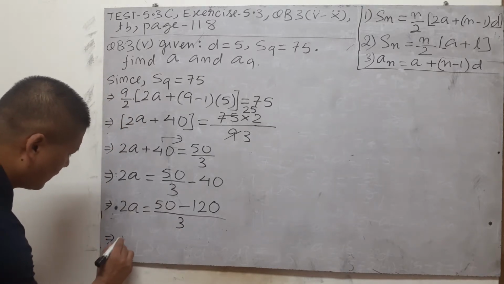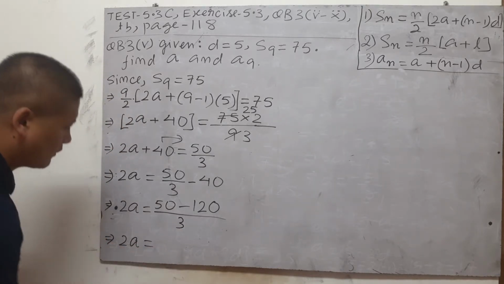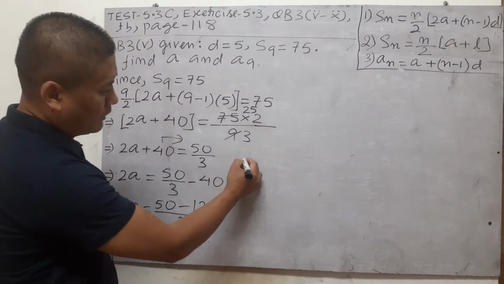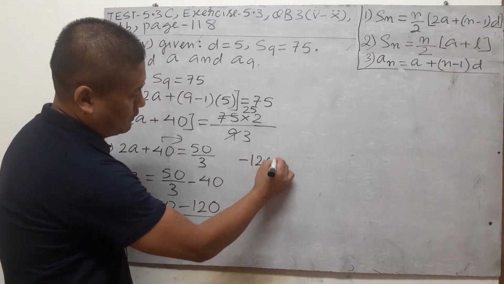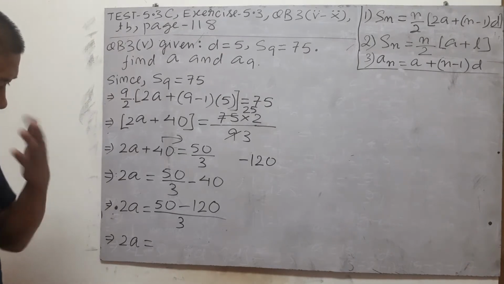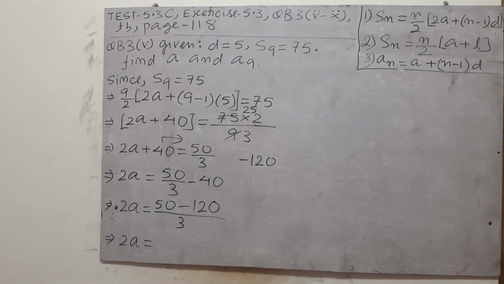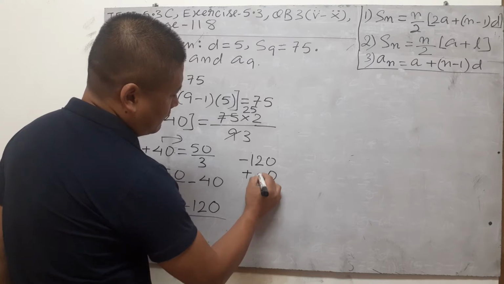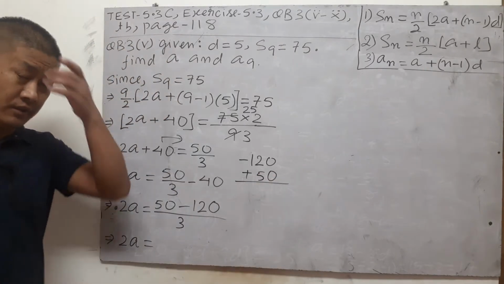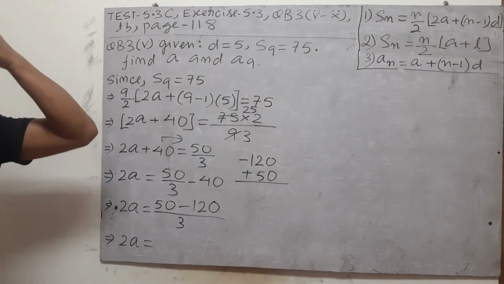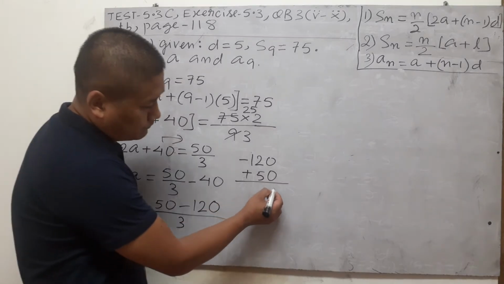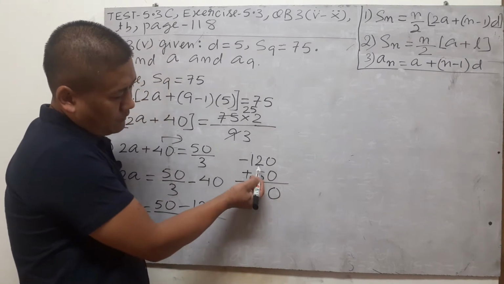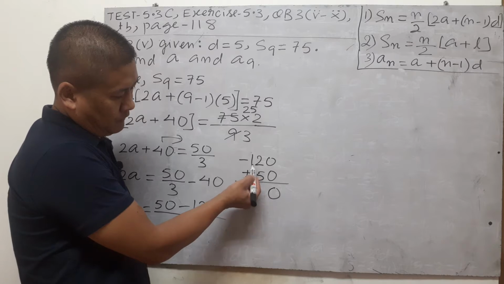So 2a will therefore be equal to the bigger absolute value, minus 120, and the smaller absolute value, plus 50. Minus plus means subtraction, so let us subtract. 0 minus 0 is 0. 2 is less than 5, so let us borrow 1 from here to make it 12.